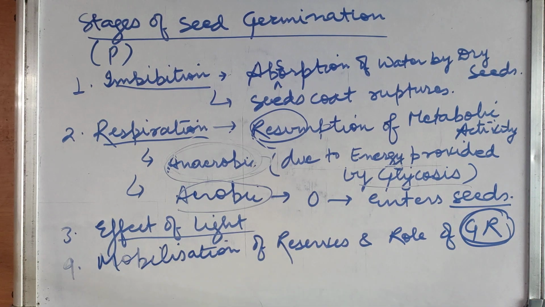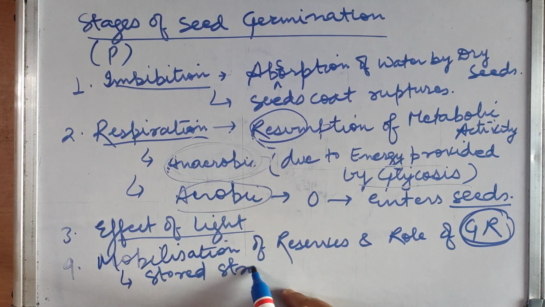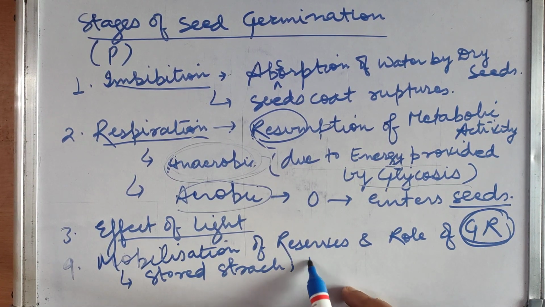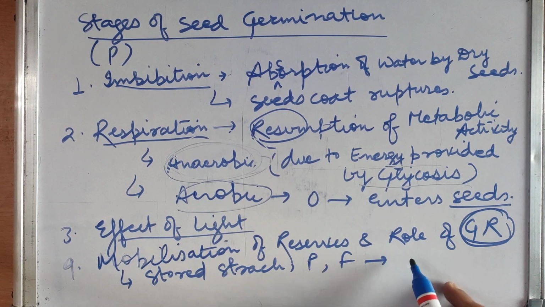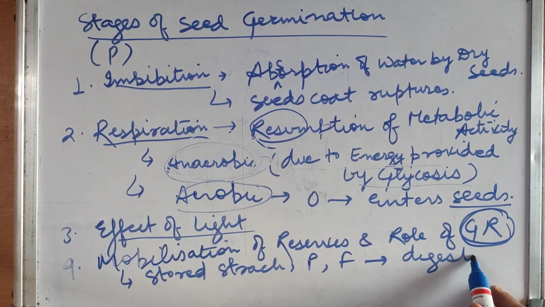We have discussed plant growth regulators in previous lectures. You must see it, very important. Here, stored starch, protein and fat need to be digested. Digestion starts, so they need to be digested.